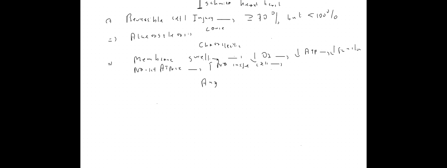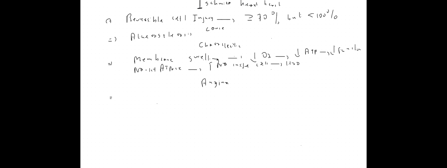The sodium will suck the water, the water will come inside, and when the water comes inside, you get membrane swelling. So this is reversible cell injury. And when you get reversible cell injury to the myocardium, it is called angina. Angina is a reversible cell injury to the myocardium.